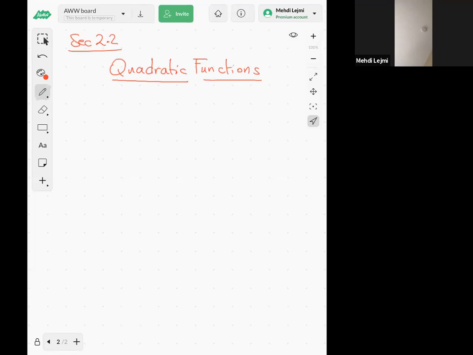But first let me introduce quadratic functions. I guess you know what a quadratic function is. Whenever you have a function of the form ax squared plus bx plus c, then that will be a quadratic function.